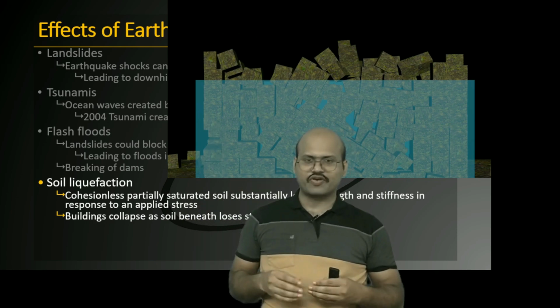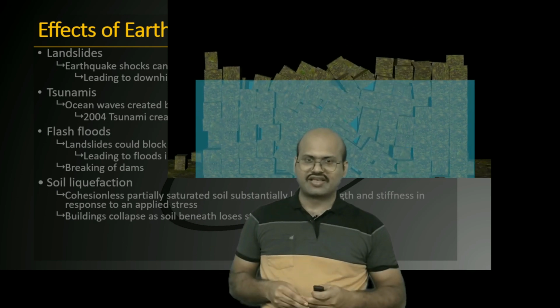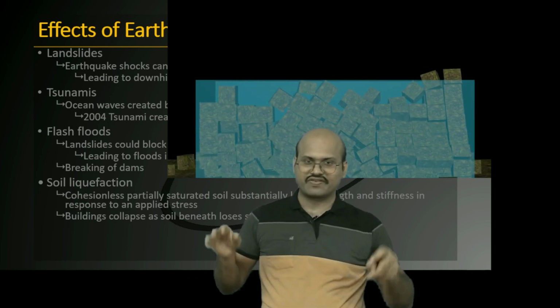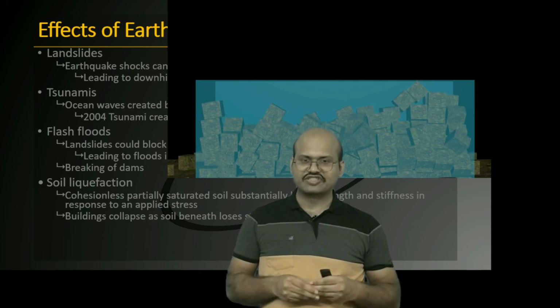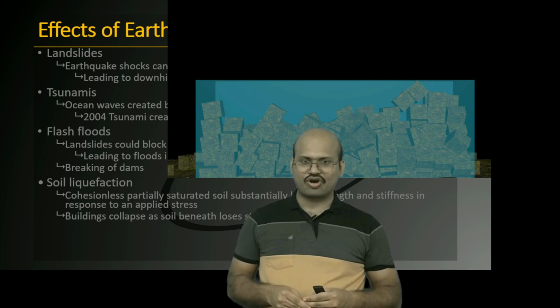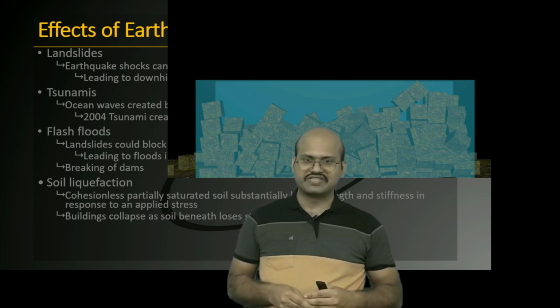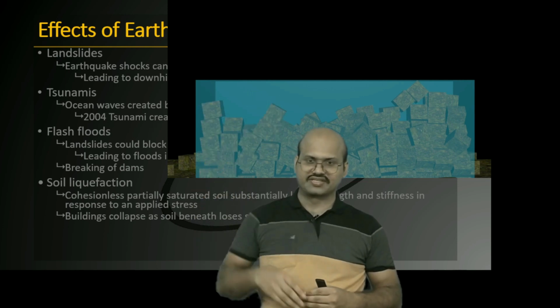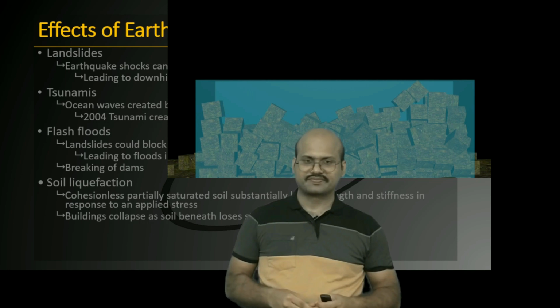Now when an earthquake occurs, it shakes the whole structure and these rocks will settle down or come down. They lose their strength and stiffness in the face of the applied stress. And because of this, the earth's surface will collapse. We will see liquefaction of the region. This can lead to collapsing of buildings.